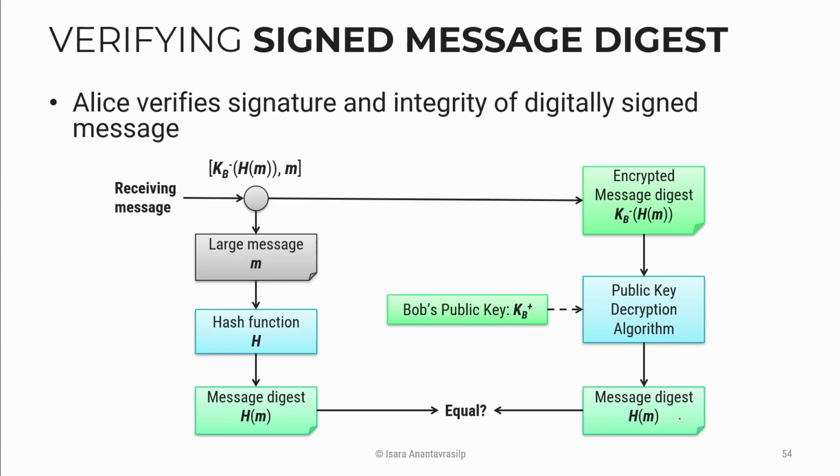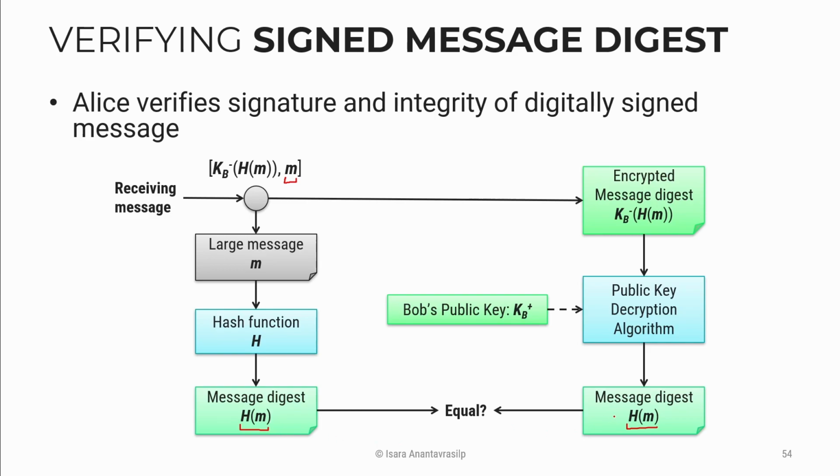It means that you cannot just apply h minus or some other algorithm to get the original M back. What Alice is going to do is leave the message digest right here, and then take the second part of the pair, which is the original text M, apply the hash function on her side and get the message digest h of M. Then she is going to compare whether the h of M that she computed herself is the same as the message digest that she decrypted using Bob's public key.